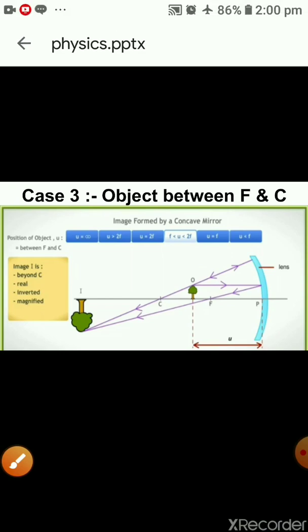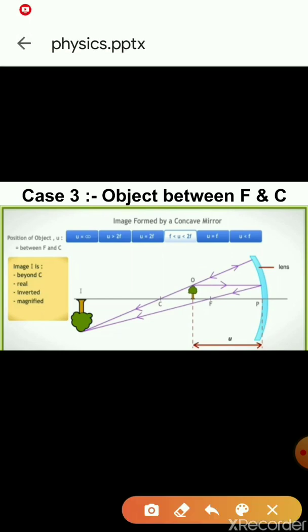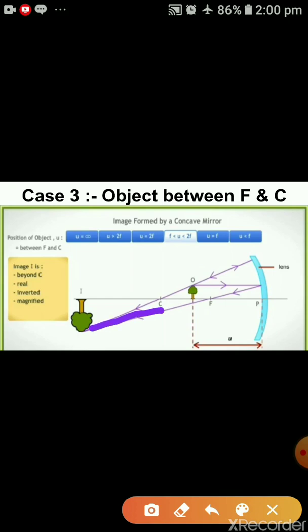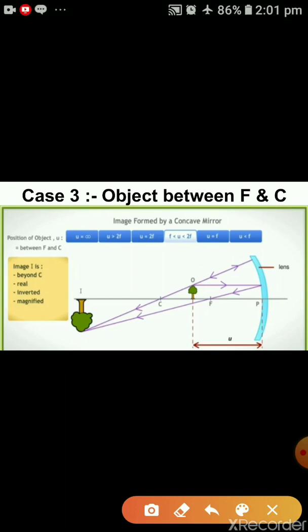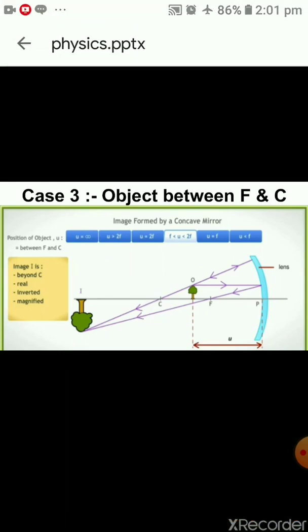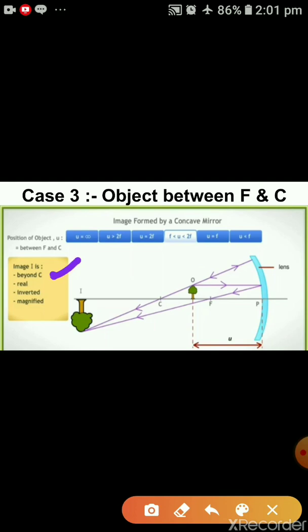As you are seeing here, when we get these two reflected rays, the first reflected ray and the second reflected ray, they are actually meeting at some point. This point will be the image. At this point only the image will form. So here we write the three conditions. We can write where the image is forming. It is behind C. So we can write here the image position is beyond C. What type of image is forming here?